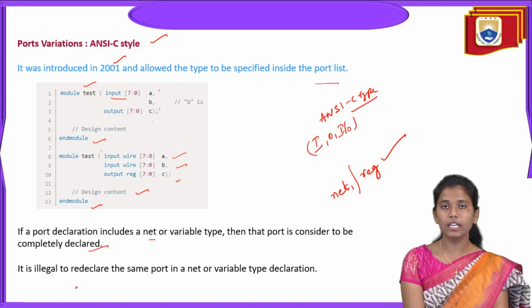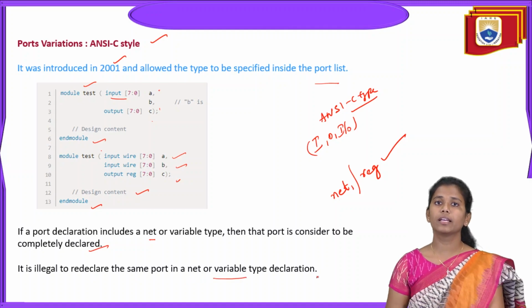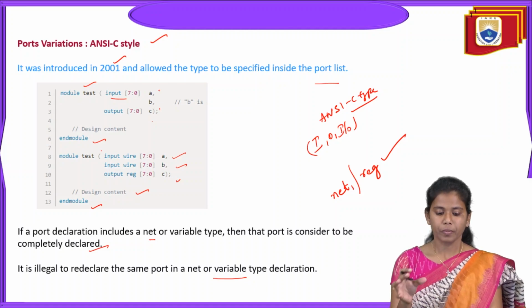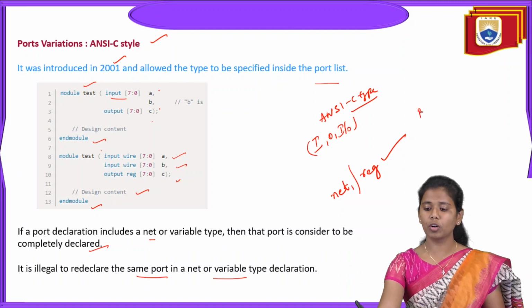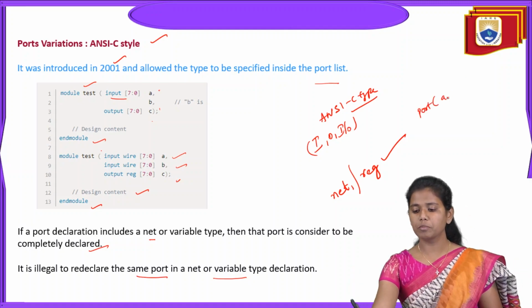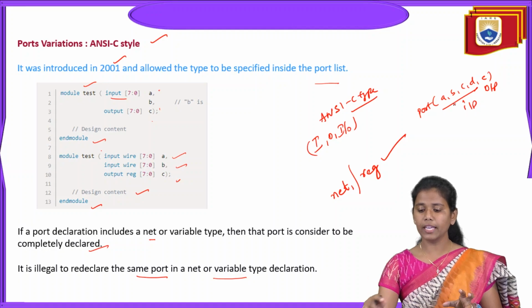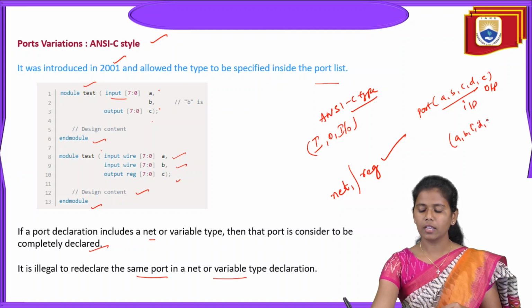Then it is illegal to redeclare the same port in a net or variable type declaration. So it is illegal. That means we cannot go for the next option. Once in the port list, if you observe A, B, C, D and E as the output and both are the input, it is illegal that you mention the inputs again, like A, B, C, D, E, right?